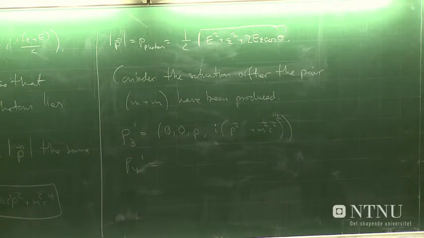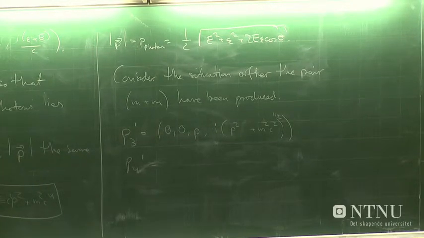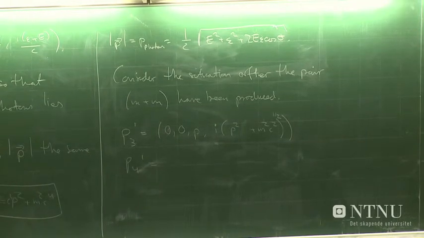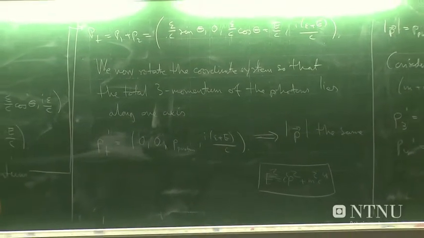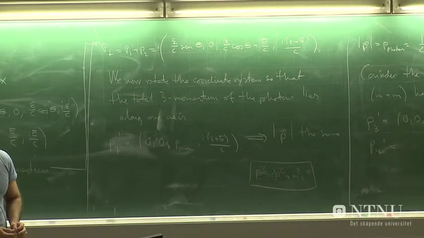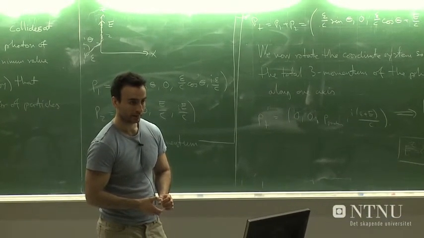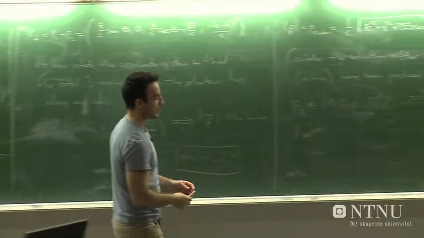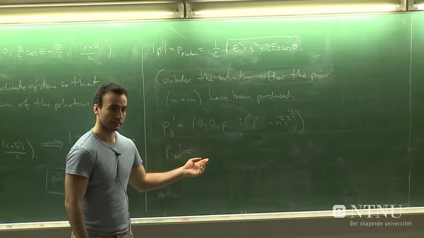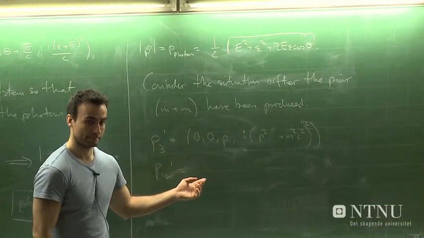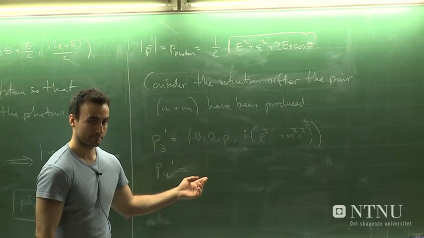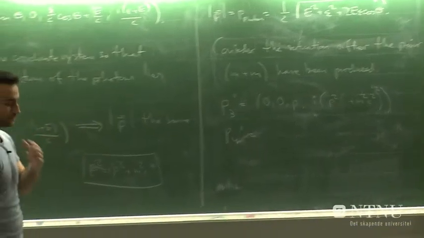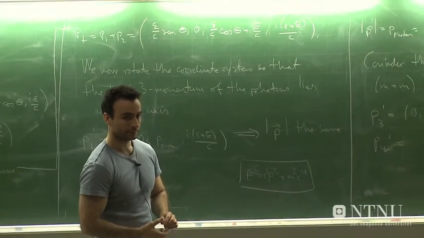That was the definition. Now, obviously, we're not dealing with the center of mass system here because we have a finite momentum. But if they're supposed to be at rest in the center of mass system, what does that say about the momentum of the two particles? It has to be opposite of the P3 particle. So it's 0, 0 minus P.